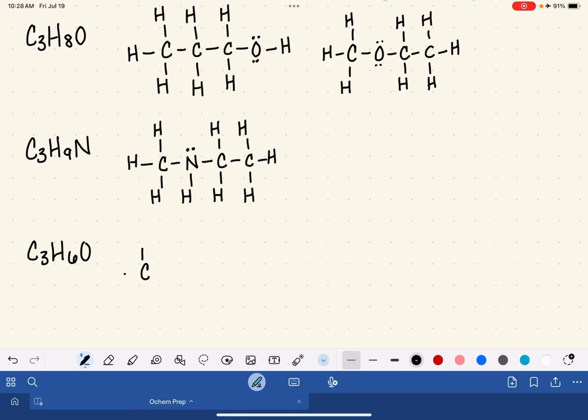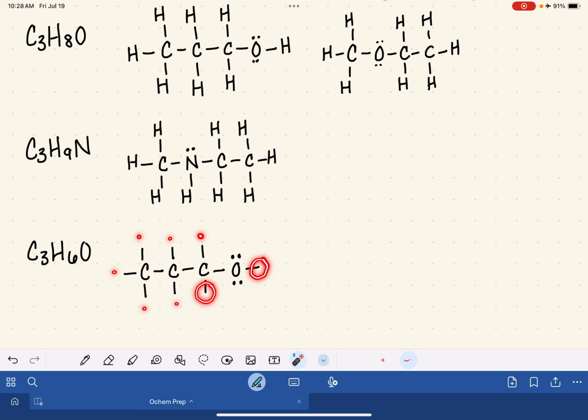So we've got 1 carbon atom, number 2, carbon atom number 3, oxygen, which likes to form 2 bonds, and 2 lone pairs. And now we are going to fill in our 6 hydrogen atoms. 1, 2, 3, 4, 5, 6. Now here we've got a little bit of a situation because we don't have enough hydrogen atoms to fill in all of these empty spots on this particular molecule.